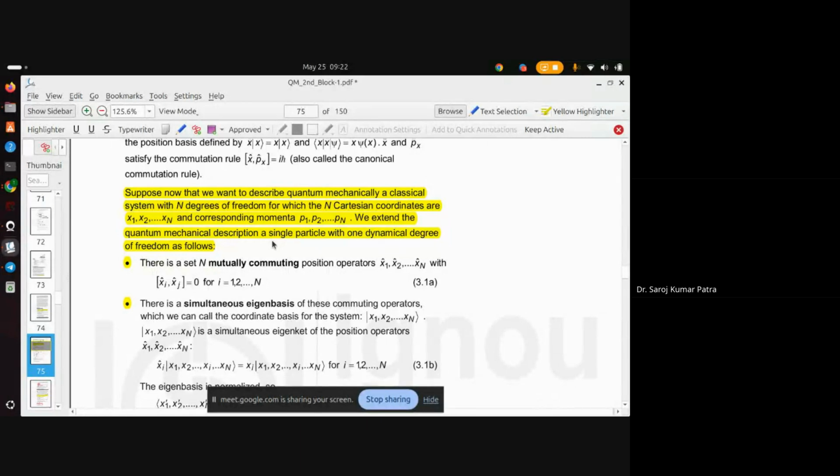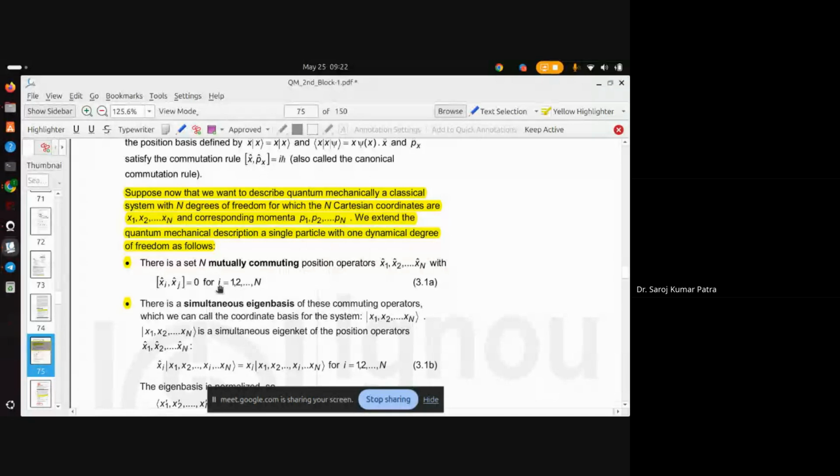So there is a set of n mutually commuting position operators x1 to xn, with the condition that they are mutually commuting: the commutator of xi cap and xj cap is equal to 0. What does this mean? This means xi xj minus xj xi is equal to 0.